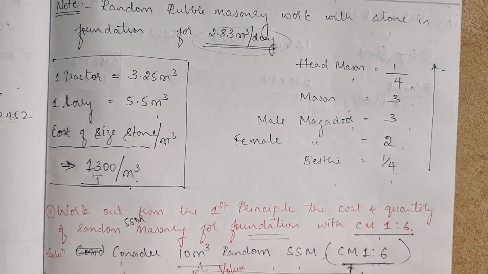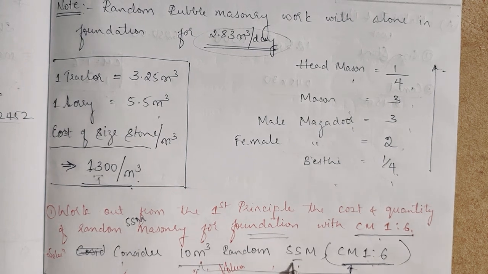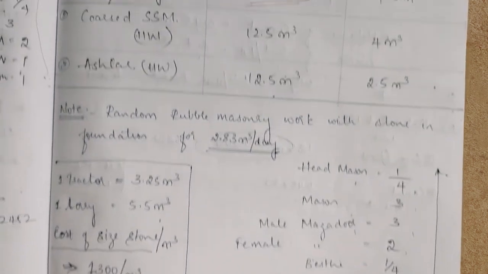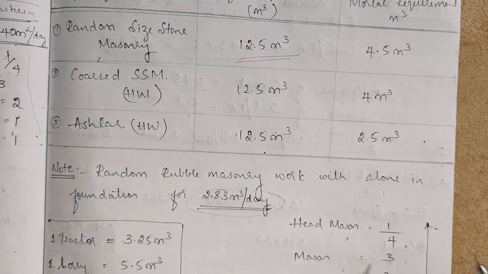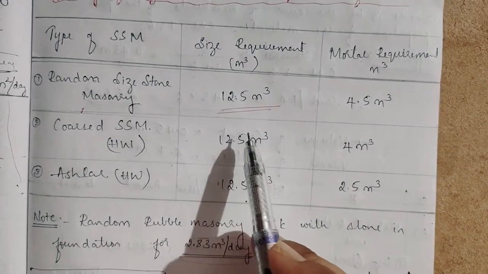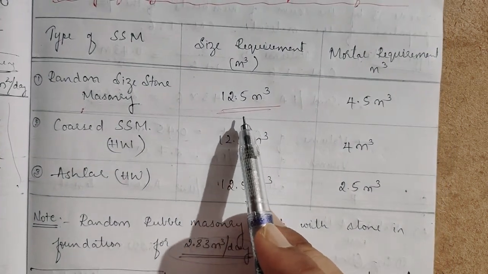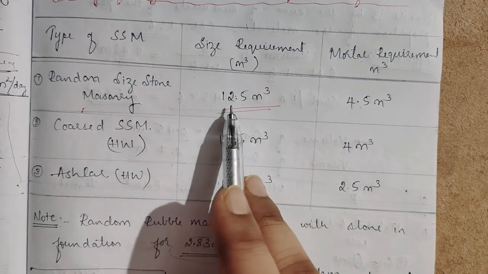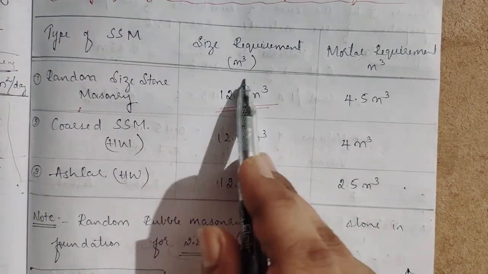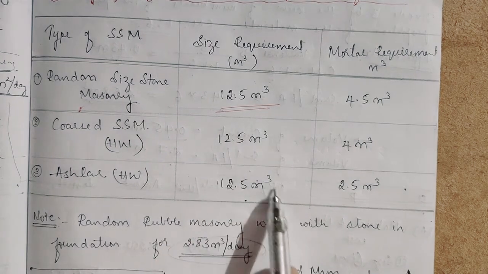As I told you earlier, the quantity per number will be taken as 12.5 meter cube.